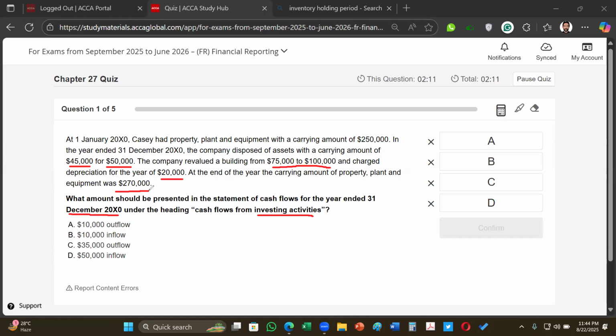So let's take this question to the Excel and understand. We're not looking at one aspect. We are looking at whatever is going to come from investing activities, whether from the sale of the asset or from the purchase of the asset. So that is going to be a net value. That's why they say the outflows and inflows, these are the options available.